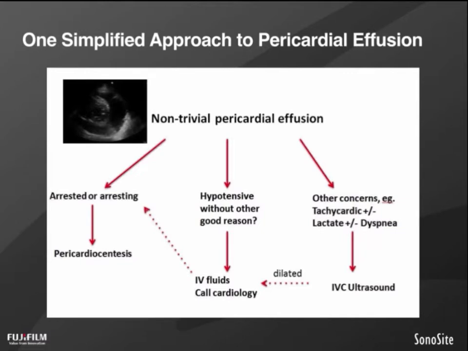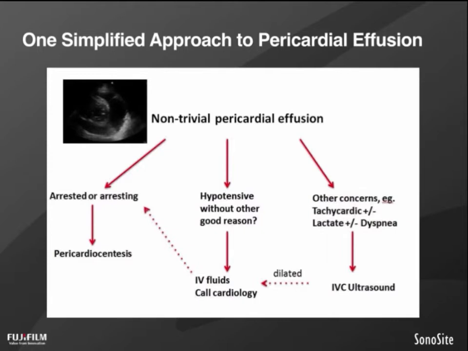So the key consideration is the effusion: to you, does it appear non-trivial? That is, does it evoke some degree of concern, either emotionally or cognitively, that this could be a life-threatening pericardial effusion? Clinical context, size, rapidity of accumulation, these are all things to consider.